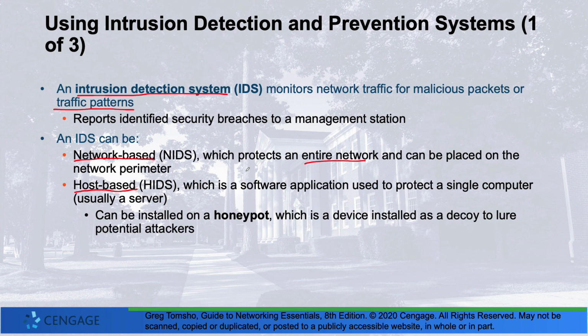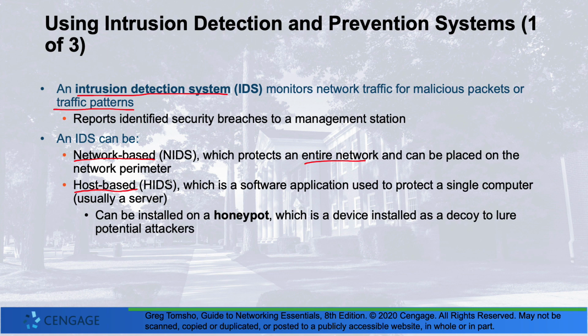A network-based intrusion detection system will notice that and send you an email or a page saying somebody is attacking your network. So it's an automated system that watches the network traffic so that you don't have to, and then it alerts you when things happen on the network.